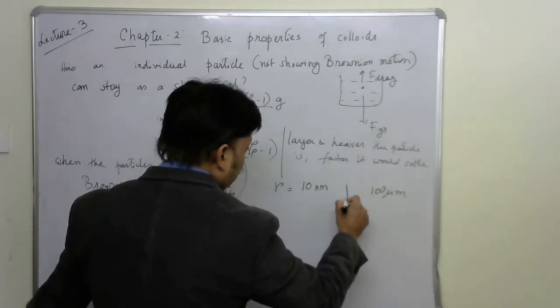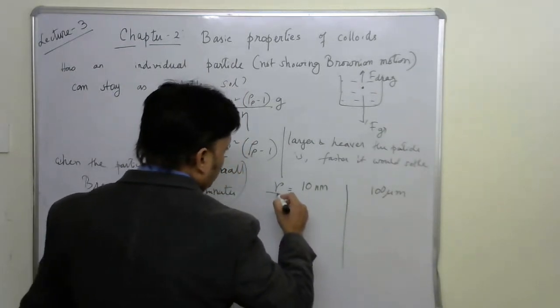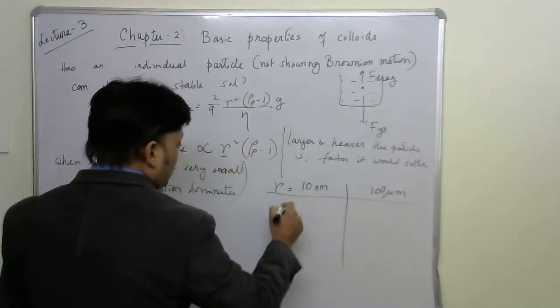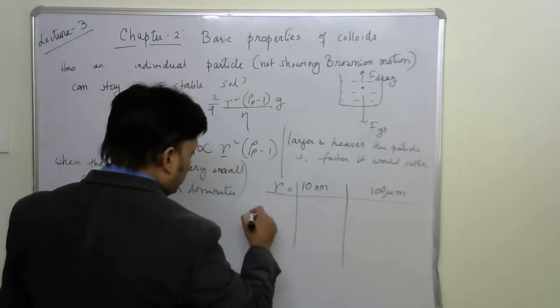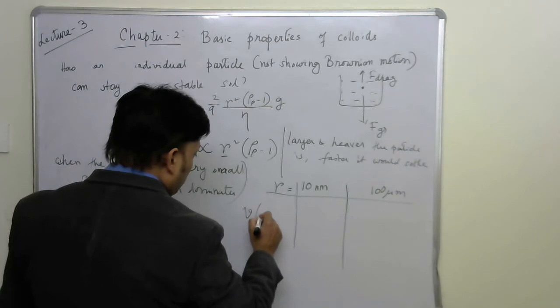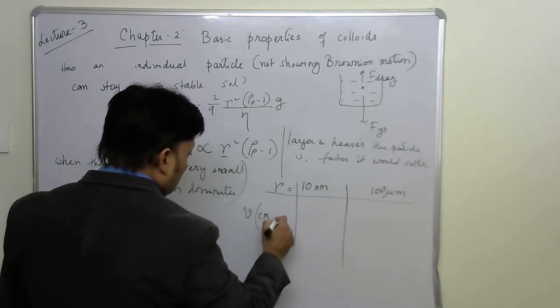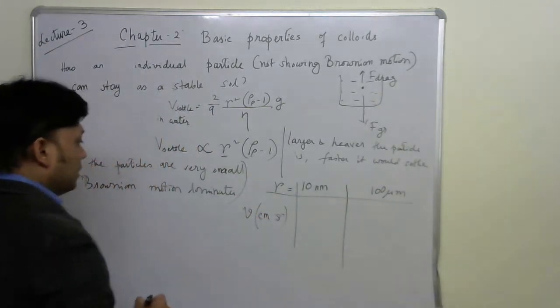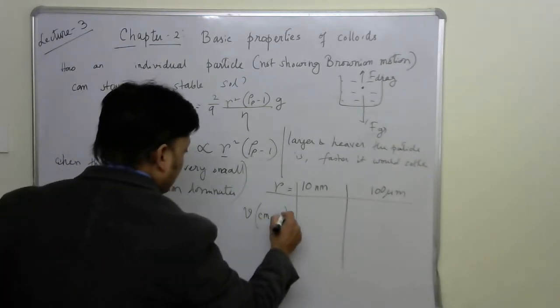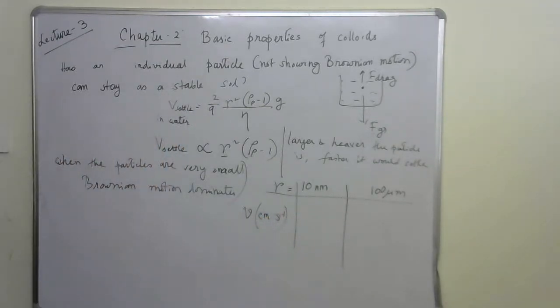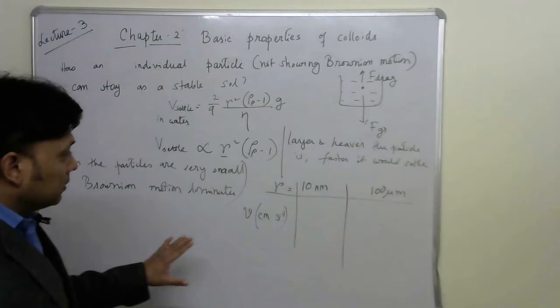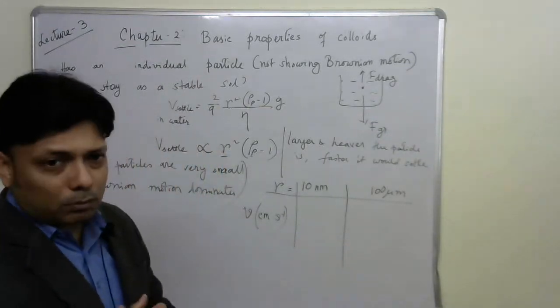Then what I'm going to provide is the velocity. The velocity is given in centimeter per second. Okay, and this velocity is nothing but the velocity that comes from the Brownian motion.